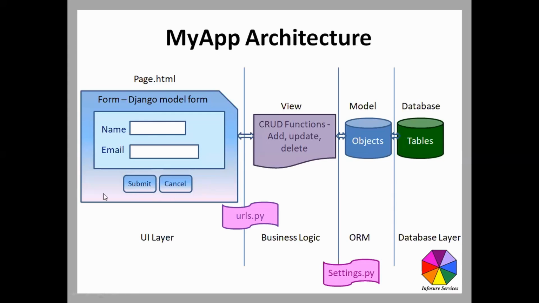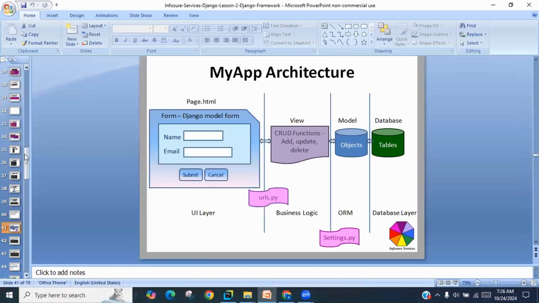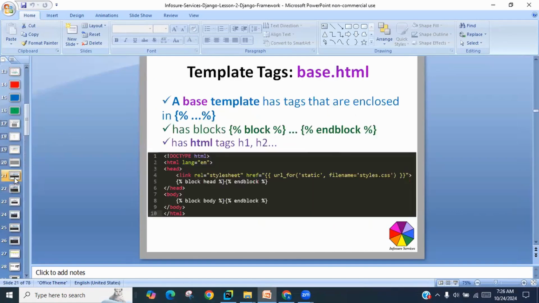So this is a template, and this is the Django model form. Now they call this HTML a template, and it has an approach like what we discussed in Flask earlier.